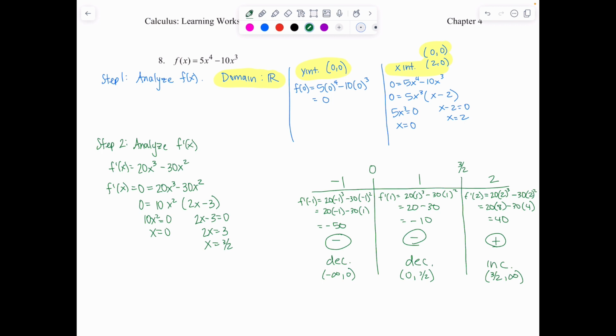And because we're decreasing and then decreasing, there's not a max or a min at 0, but because we go from decreasing to increasing, we have a minimum value at 3 over 2. Okay, so our information here: a minimum, where we are decreasing, and where we are increasing.